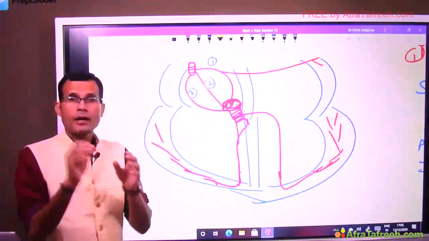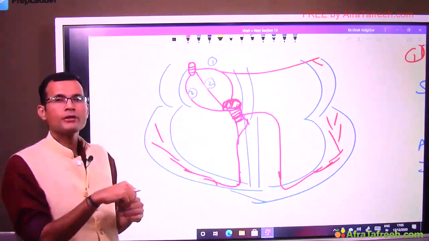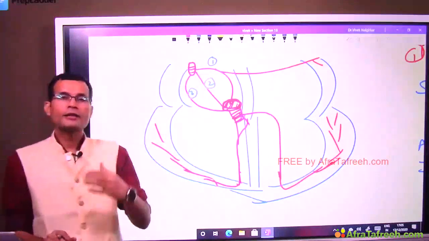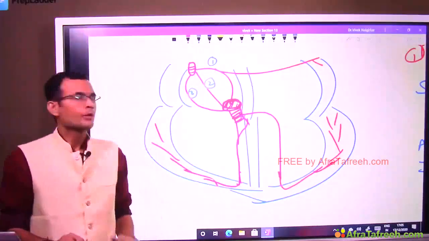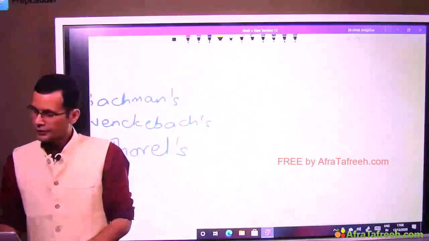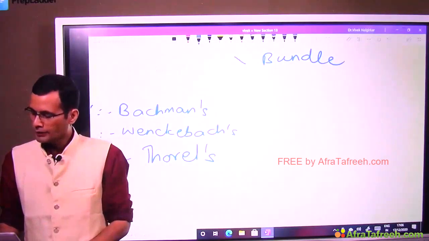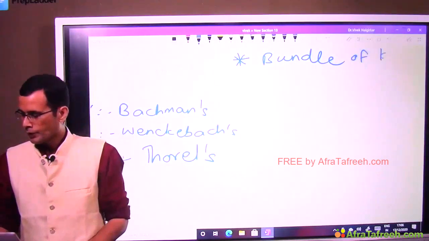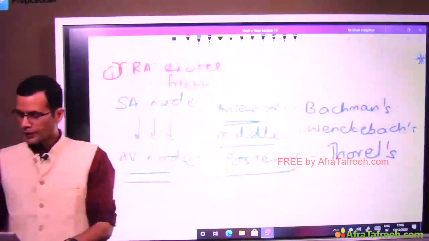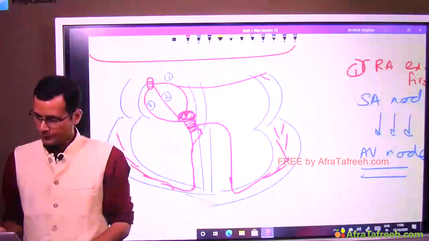Okay, I also mentioned Kent's bundle, bundle of Kent. Where is it located? Okay, let's have it as an applied aspect. Bundle of Kent, let's write it here, is an aberrant anomalous path that connects atria directly with the ventricles.